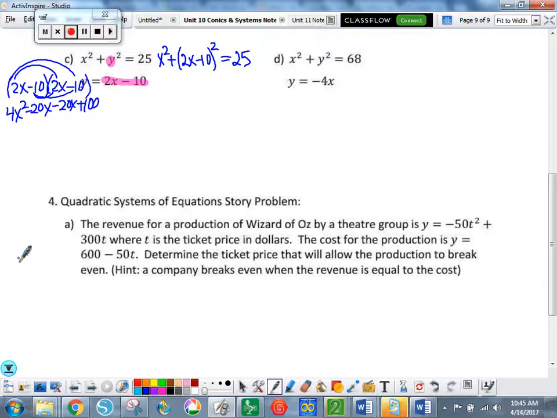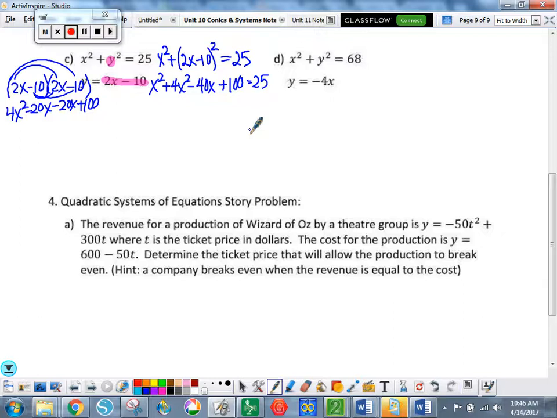So let's rewrite this. Instead of saying (2x minus 10) squared, what do we do? x squared, now write this, plus 4x squared, combine those two, minus 40x plus 100 equals 25.